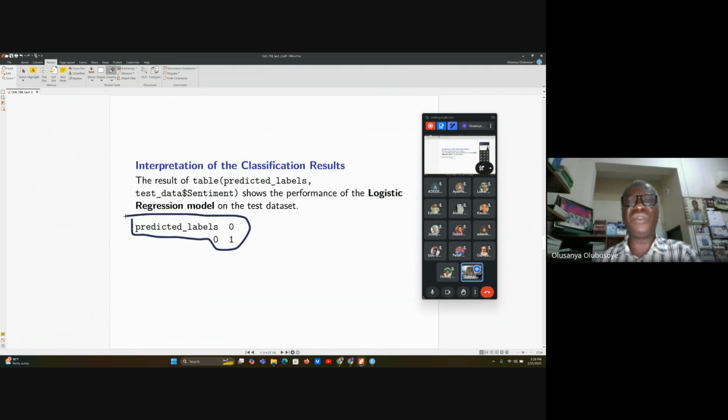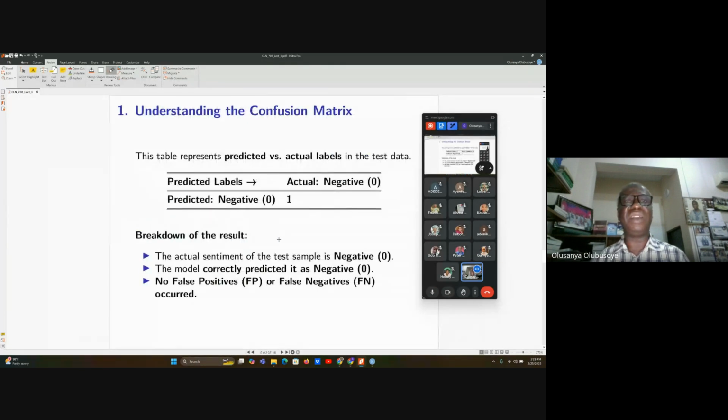It shows the performance of the logistic regression, which is able to predict the comment that was not used for training the model, the one that we predicted. So this table represents the predicted versus the actual in the test data. The actual is 0, which is what you see here.